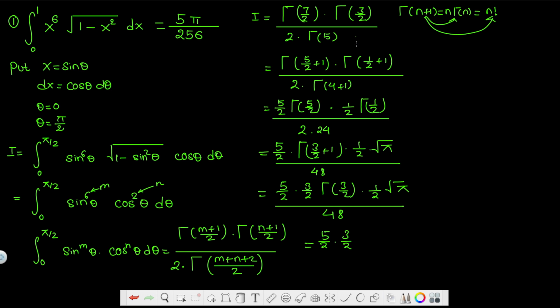We know that gamma 3 over 2 simplifies to 1 over 2 times the square root of pi. So we can write 1 over 2 times the square root of pi times 1 over 2 times the square root of pi, over 48. Now when we do the calculation, we will get 5 pi over 256.